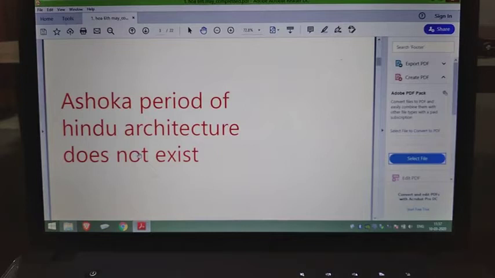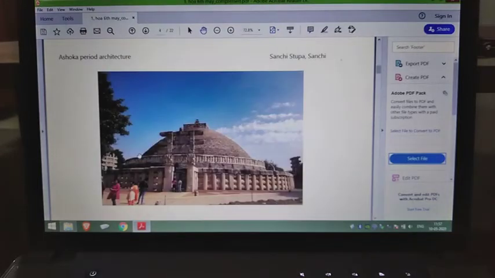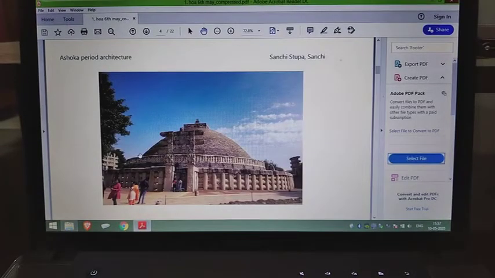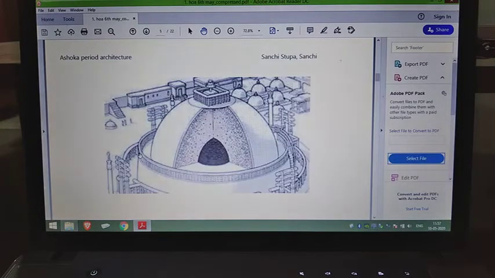He was much more interested in spreading the word of Gautam Buddha and his successors, which is evident from the way he commissioned stupas and universities during his time. So this is just a photograph of what Sanchi Stupa looks like today.